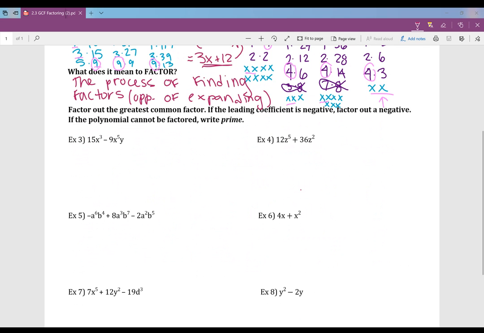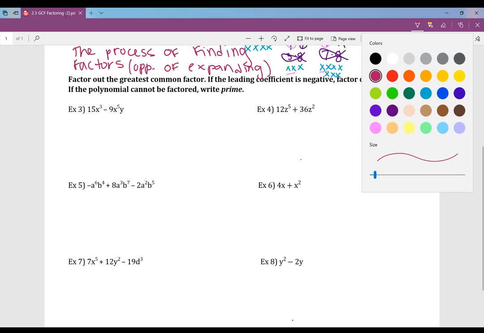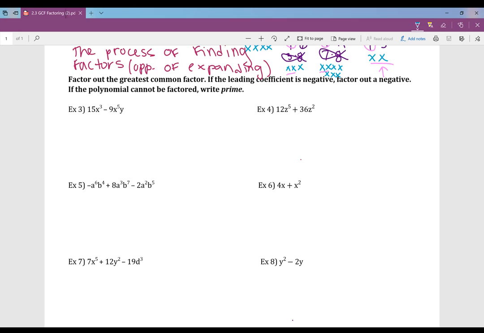Okay, so we're going to do some examples where we factor out the greatest common factor. So for example number 3, we have 15x cubed minus 9x to the 5th y. So we need to find the greatest common factor between 15 and 9.